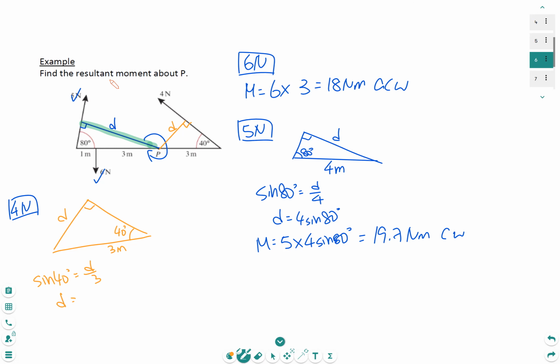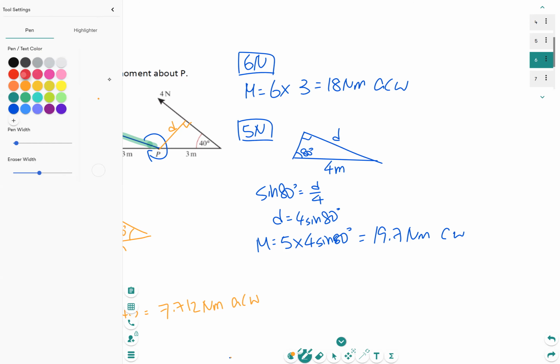So d equals 3 sine 40. So the moment will be force times 3 sine 40, force times distance, which is 7.712 Newton meters. Direction will be anti-clockwise.